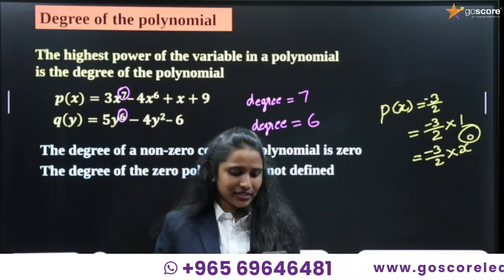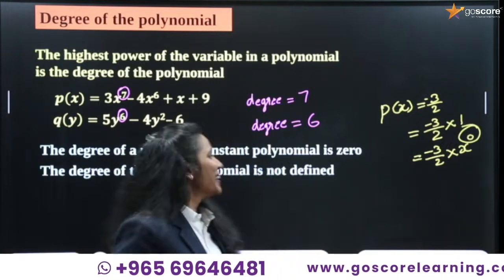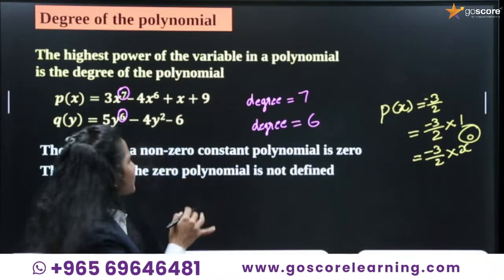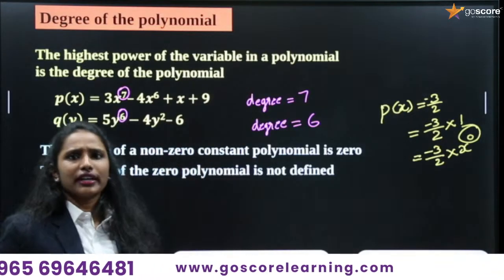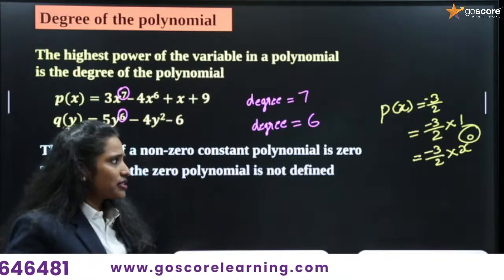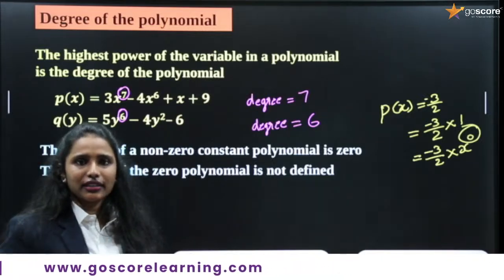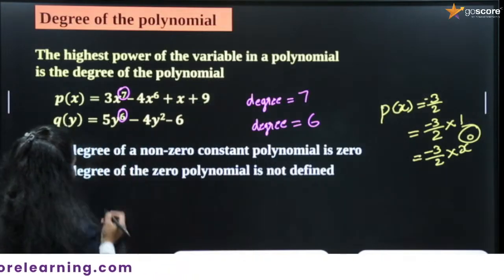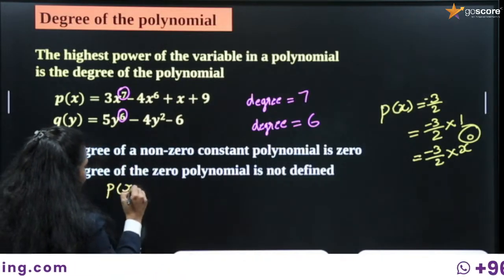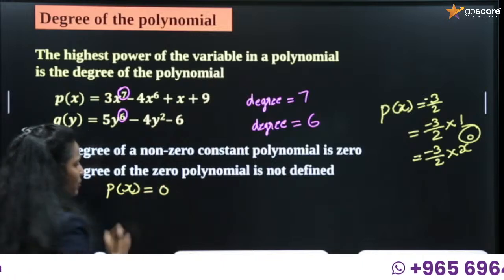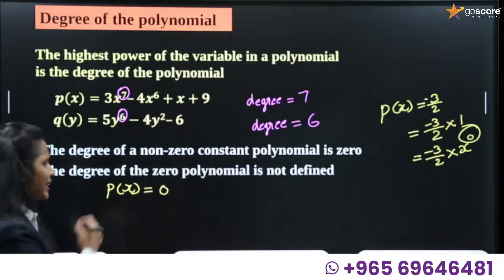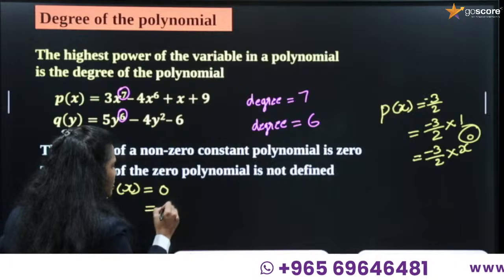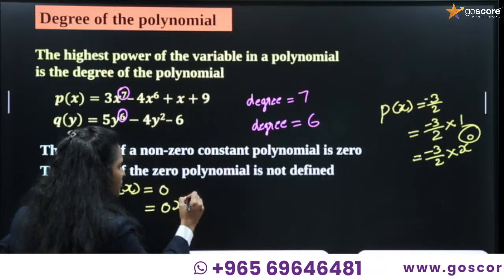You got it? Okay. Now, the degree of the zero polynomial is not defined. Why? Does the mathematician not have any time to define that? No. There's a problem with our zero polynomial. Zero polynomial means p of x is equal to 0. I can transform this into 0 times x raised to 1.